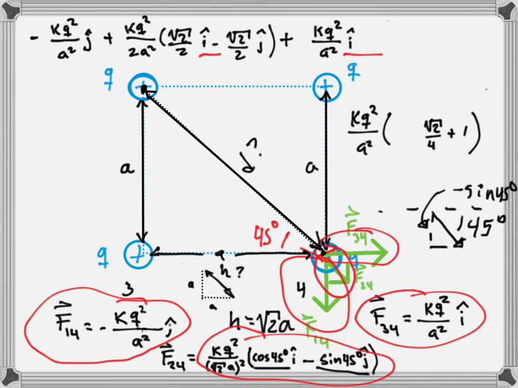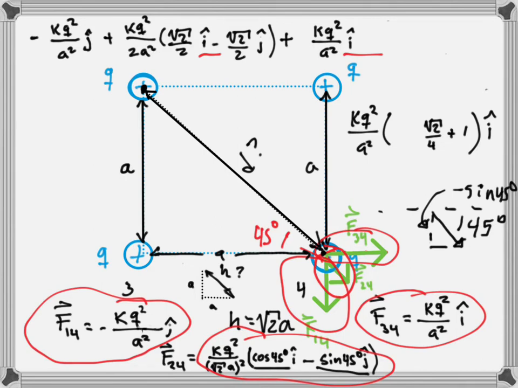One of the terms is square root of 2 divided by the 2 in front of the parentheses, and the 2 in the denominator of square root of 2 divided by 2 gives us 4. And notice that the second term is just kq squared over a squared, so when we factor it out, we put a 1 for the second term, and that is in the direction i hat.